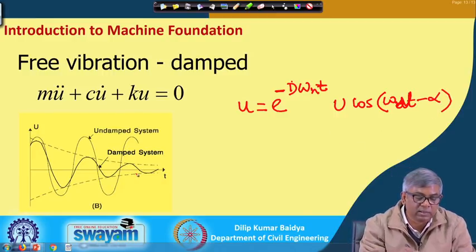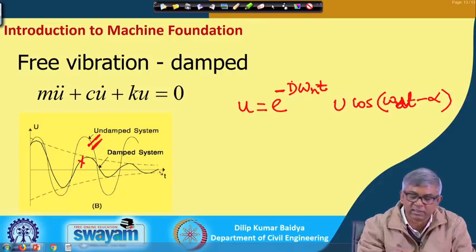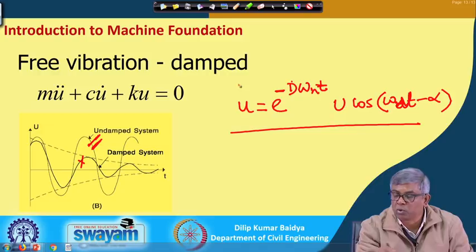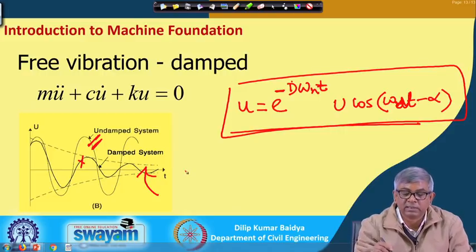So, here, whatever I have shown, you can see two curves, one is this, another is this, and the cross one is slowly decreasing. This is the plot of this solution. So, this is the solution of the under damped case.